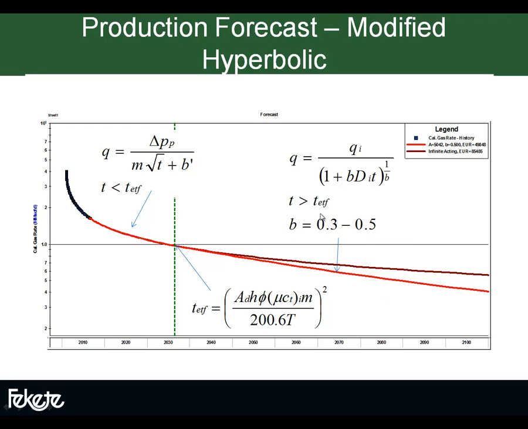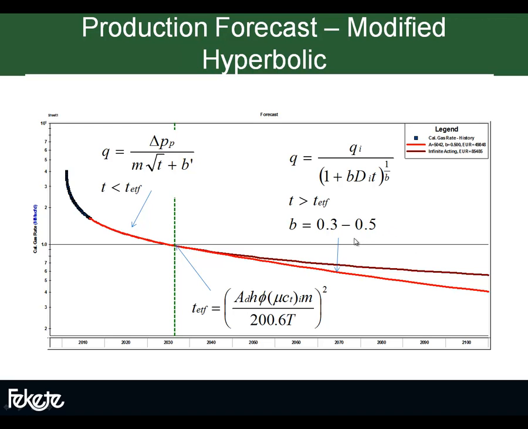The b value, in fact, could be even higher than 0.5 if we have boundary dominated flow of a heterogeneous, a highly heterogeneous system. In other words, a system where we have non-uniform distribution of fractures or heterogeneous permeability, which amounts to the same thing, the b value could be even higher than this.